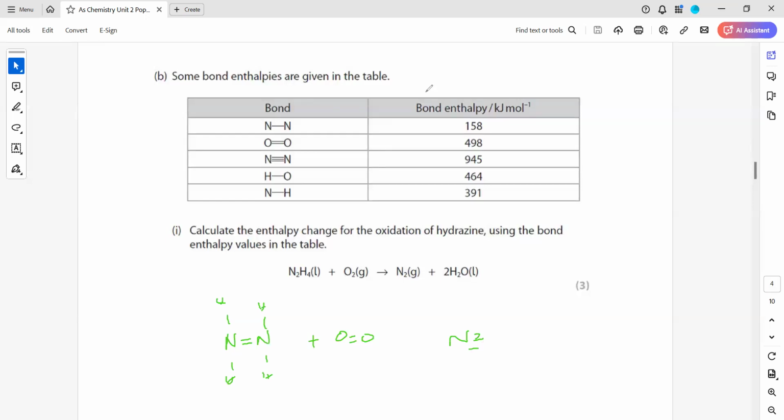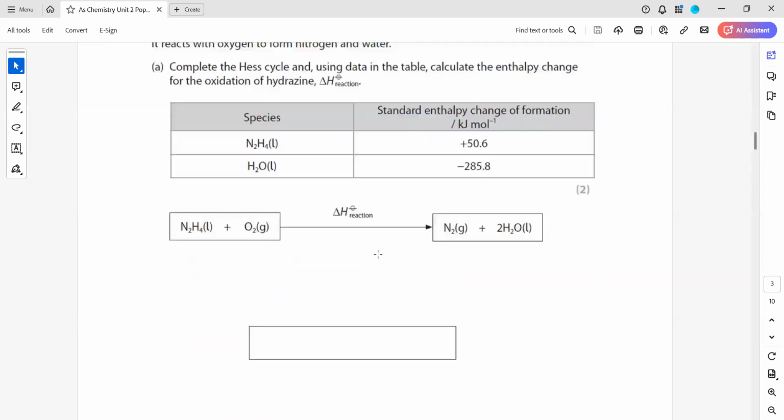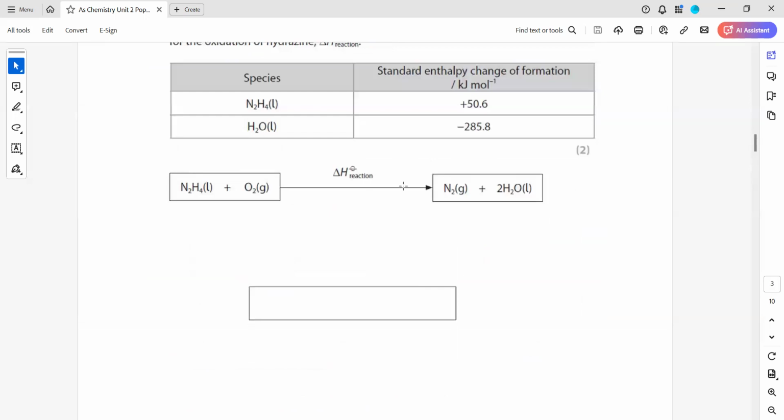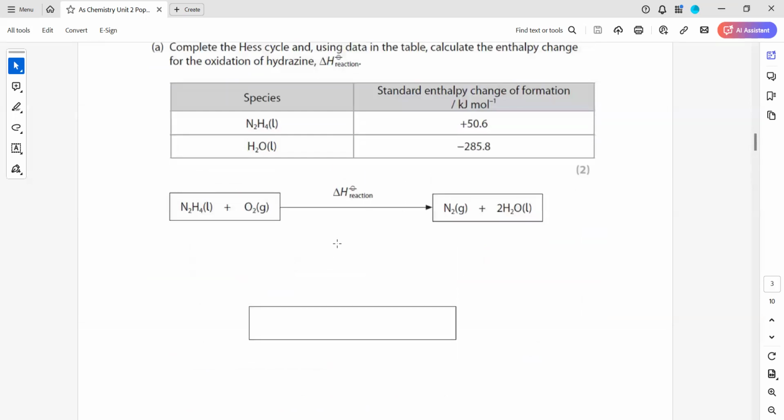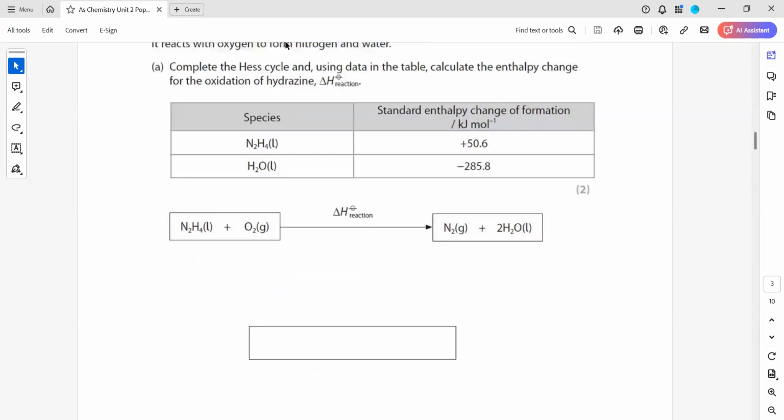Now we should write the oxygen in the reactants there as well. Yes, you have to write it, because nitrogen, hydrogen, and oxygen are the elements which react. So you have to mention those as well.